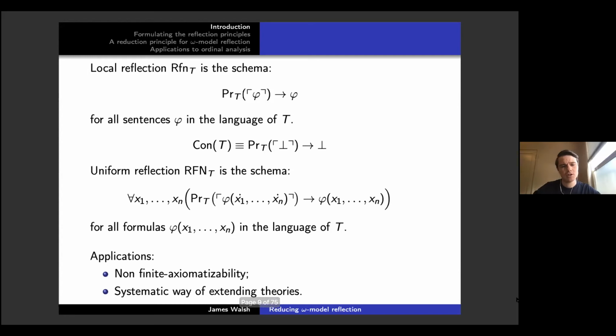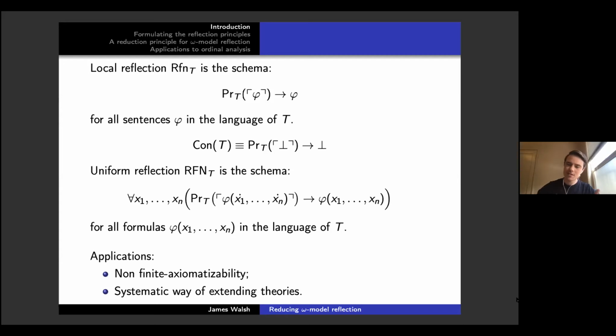Another application is that people have been interested in reflection principles as a systematic means of extending theories. People put it in different ways, but the thought here is, suppose I endorse the axioms of a theory T. Well, the theories we're talking about are all incomplete for Gödel type reasons. So how do I extend T?